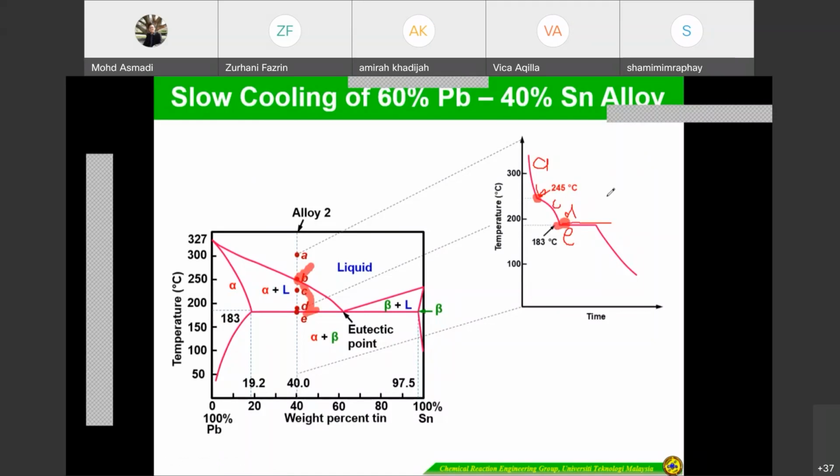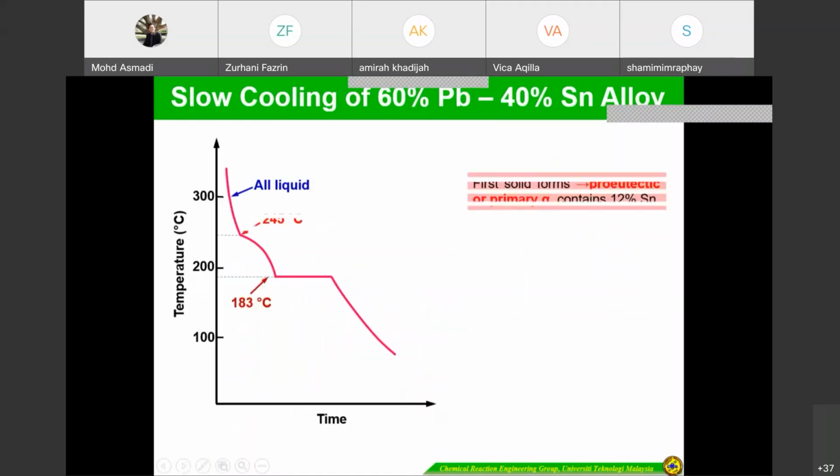We call the first solid formed pro-eutectic or primary alpha.